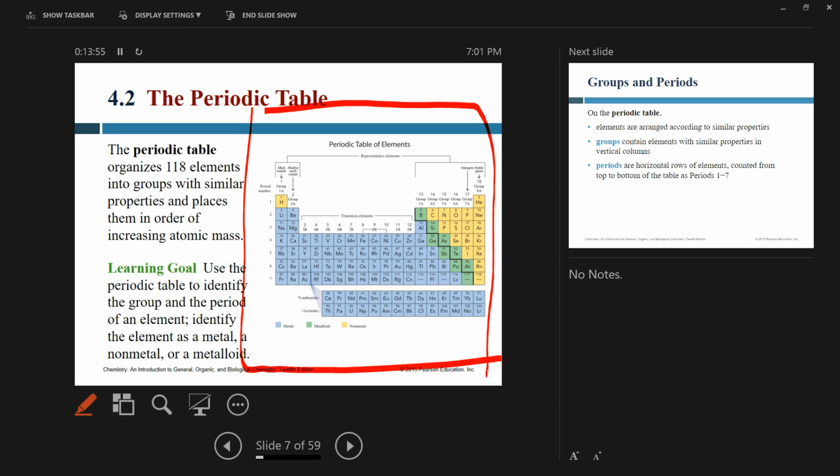Okay? Now, Mendeleev's discovery was so important that he managed to predict the properties of certain elements, and he managed to predict the discovery of certain elements. Basically, here there should be an element with such and such properties, okay?